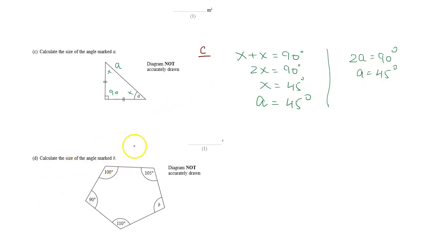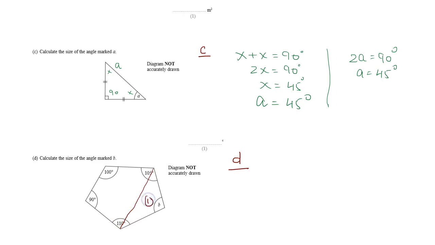Calculate the size of angle B, question number D. Now I told you this has 1, 2, 3, 4, 5 sides. To remember the sum of all interior angles of a polygon, the best method is to check how many triangles there are.